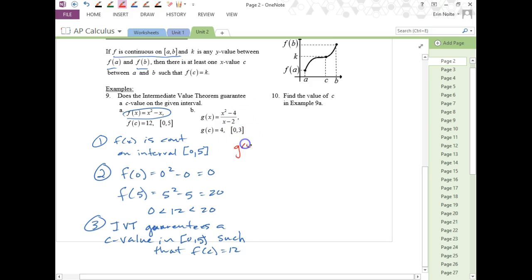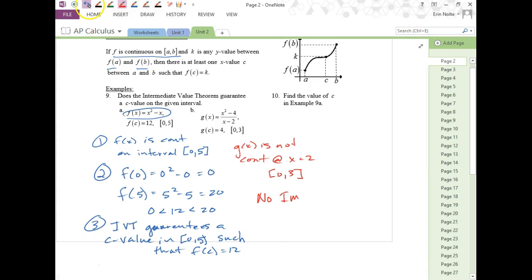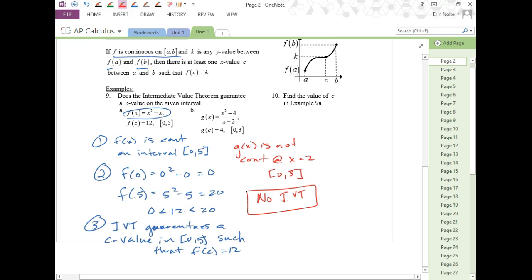So g of x is not continuous at x equals 2, which is in the interval of 0 to 3. So no intermediate value theorem. You can't use the intermediate value theorem to solve this one. You just have to stop and say, I can't do it. It's not possible. It's not continuous.